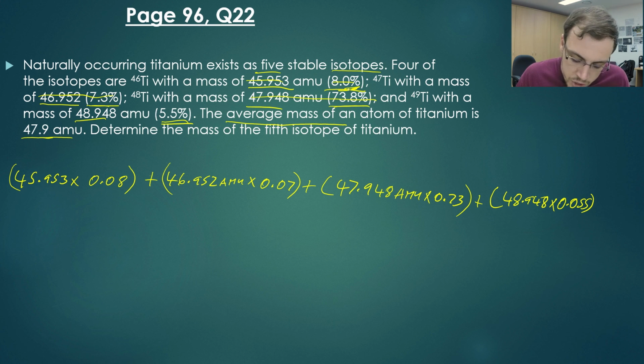So we do 8% plus 7.3% plus 73.8% plus 5.5%, and we subtract that from 100. That will give us our percent abundance for our unknown fifth isotope. If we put that into our calculator, we will get 5.4%.